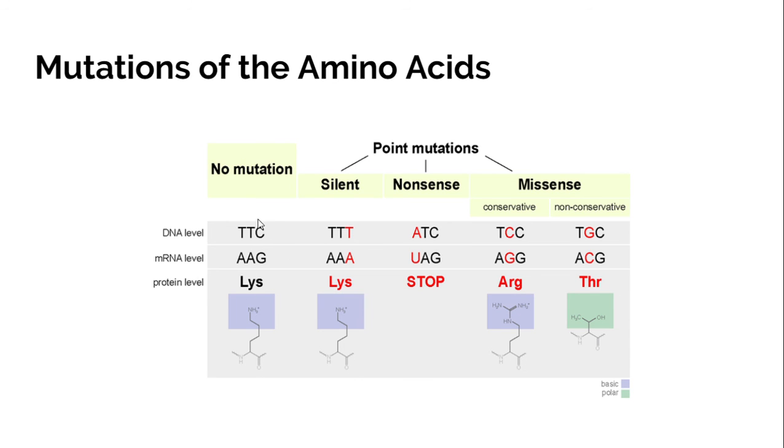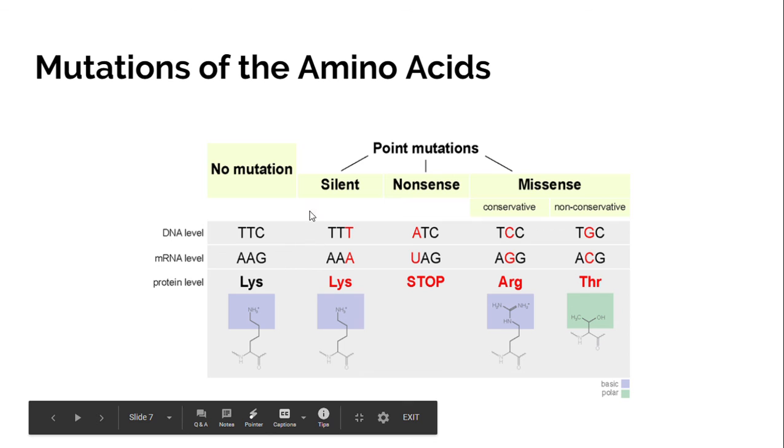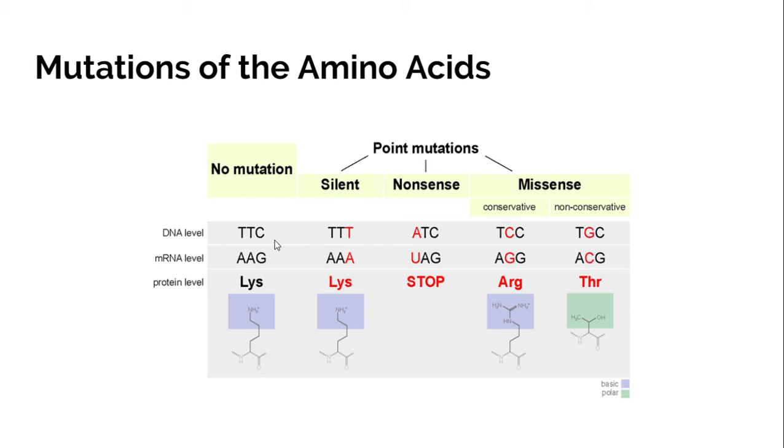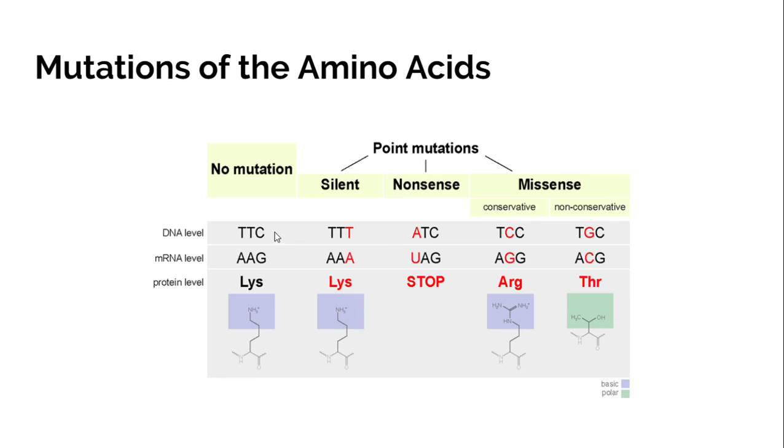So, for instance, let's just say AUA can make the same amino acid as AU. So even though that one nucleotide changes, it still makes the same amino acid.